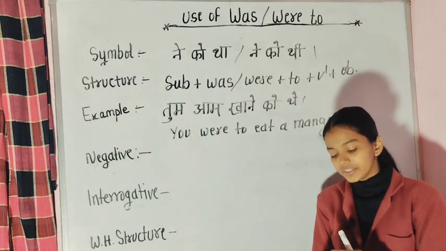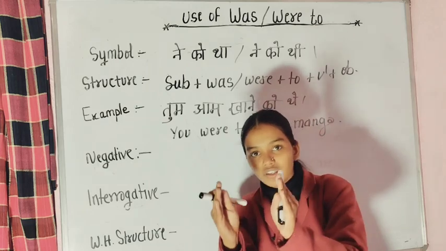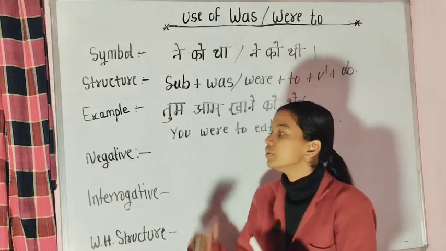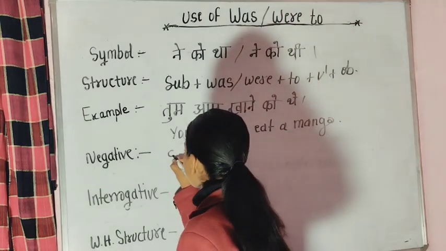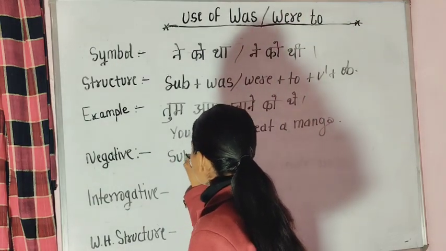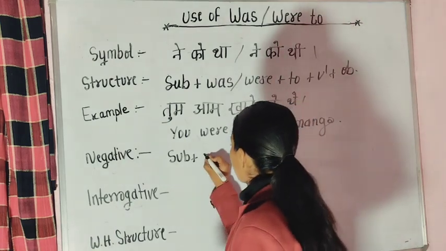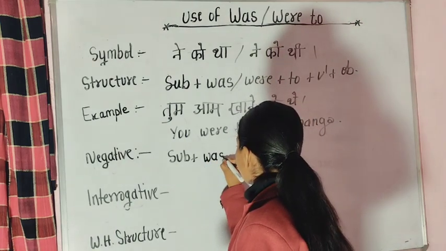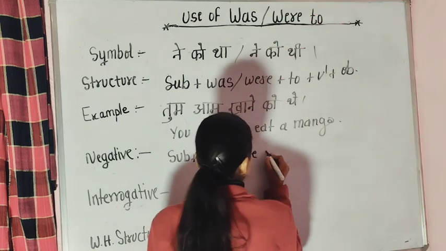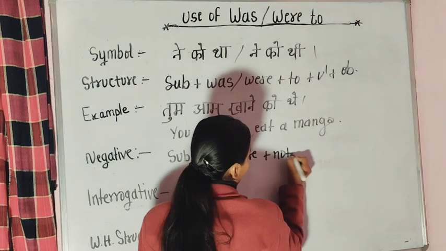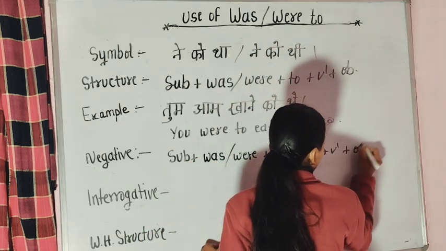Next we are going to start the negative. You know that in a simple sentence, if we add not, it converts into a negative structure. What is the structure? Subject plus was/were plus not plus to plus verb 1 plus other object.